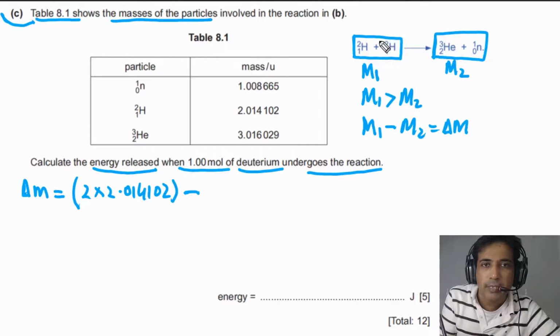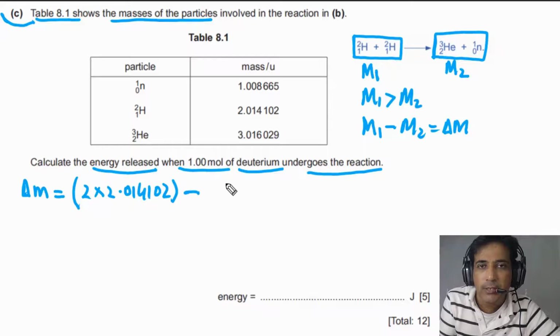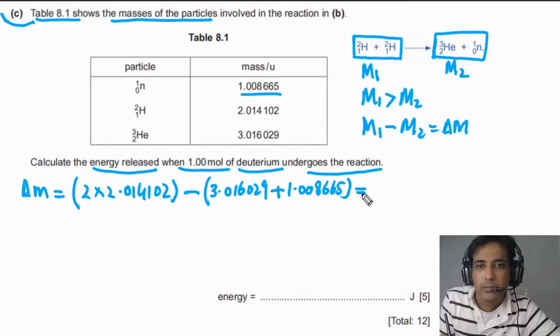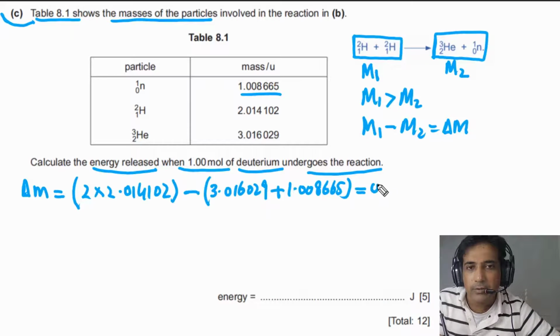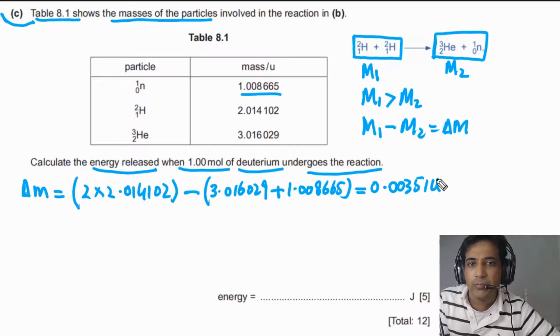So this is mass of these 2 nuclei, and we need to subtract mass of helium nucleus and neutron. So we can write down mass of helium nucleus 3.016029 plus we have mass of neutron 1.008665. If we subtract this, we will get the value of mass defect, that is equal to 0.00351 U.